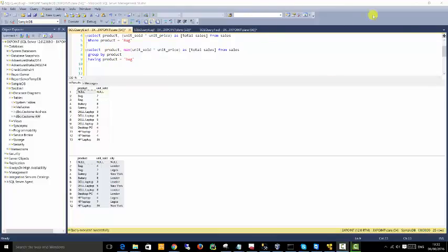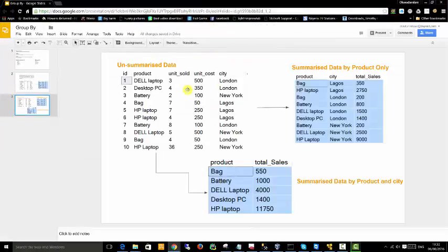And if I bring up my slide to quickly show you something, you can see that from our table we have unsummarized data, which is what we've been working with. If we intend to summarize by product only, then now that we've calculated the total sales, we just say product, comma, total sales, and group by product.